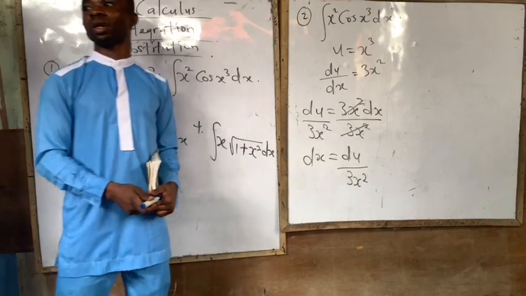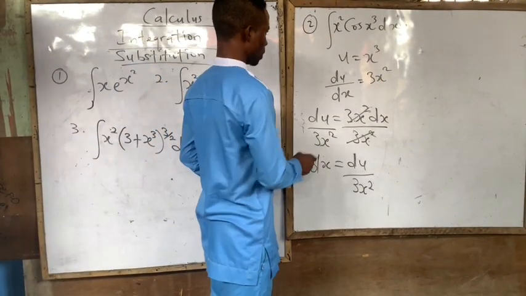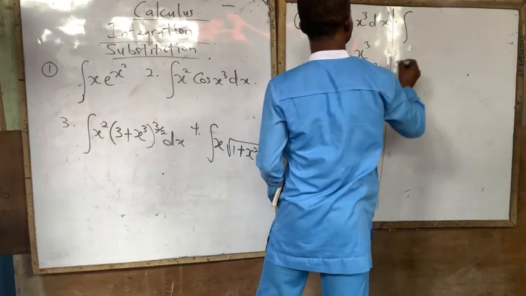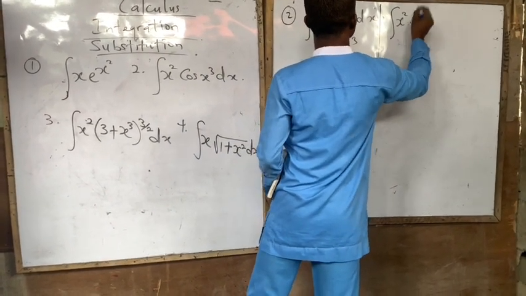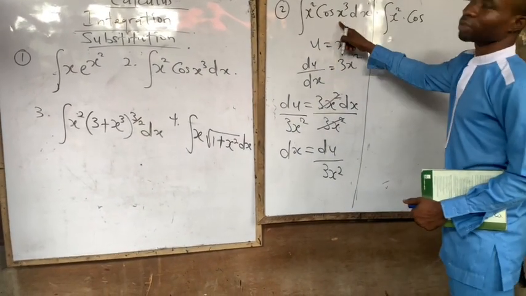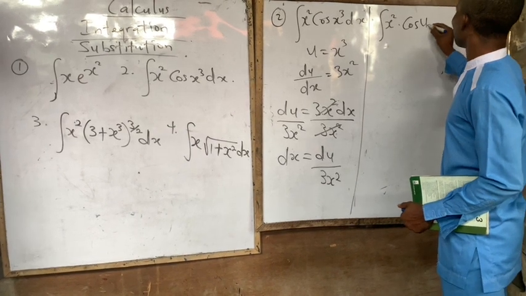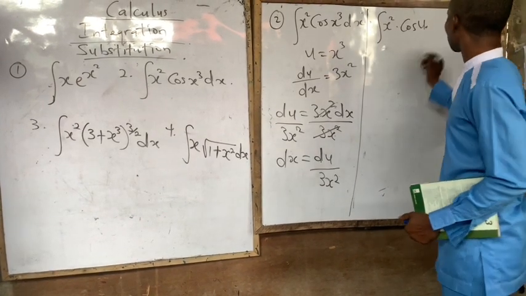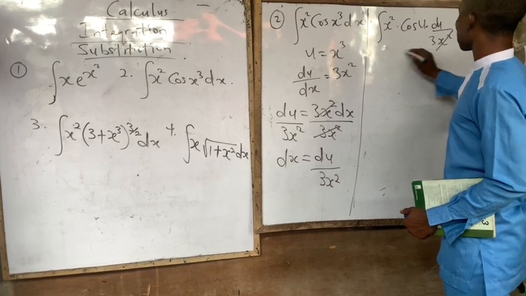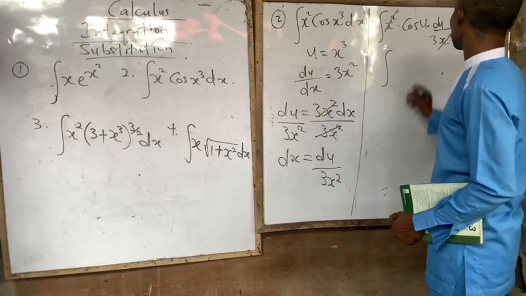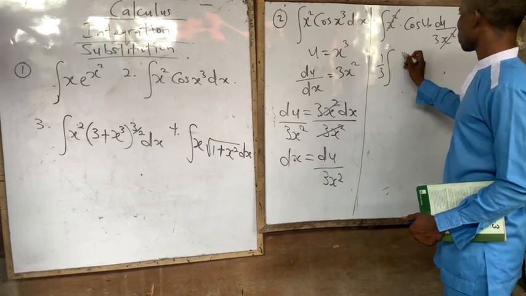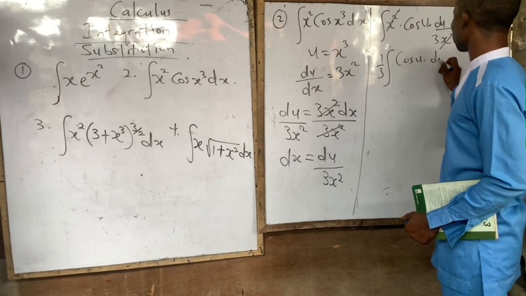Do not forget that I'm looking for dx. So that means we have x squared multiplied by cos, this one has been represented by u, cos u multiplied by, what's my dx? My dx is now du all over 3x squared. This will cancel this. So that means we have 1 over 3 cos u du.